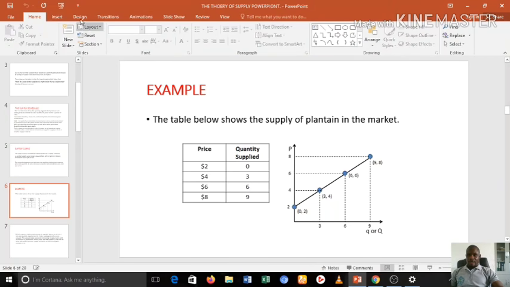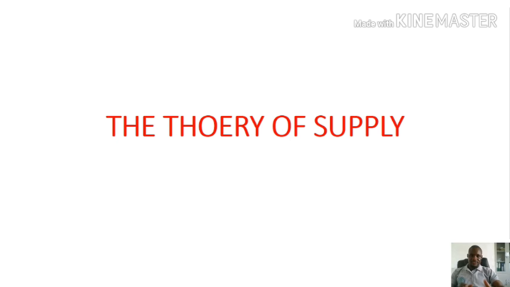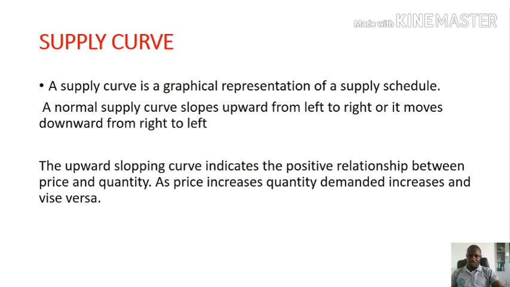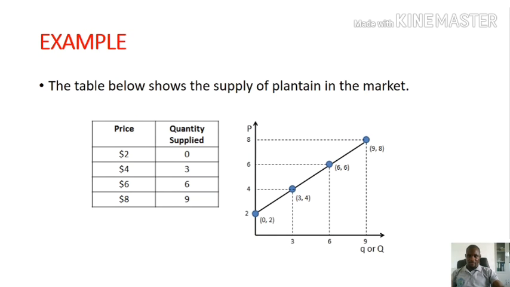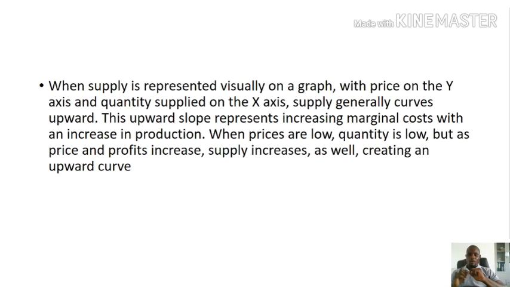Now we have seen the illustration of our supply schedule and the graphical illustration on a supply curve. Let's move forward. Supply is represented visually on a graph with price on the y-axis and quantity supplied on the x-axis.